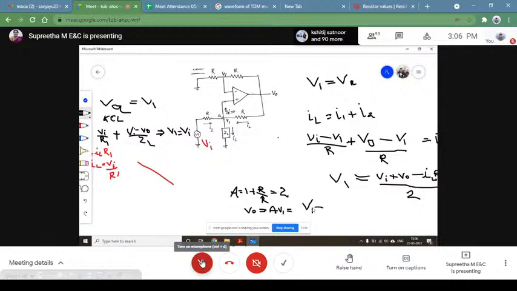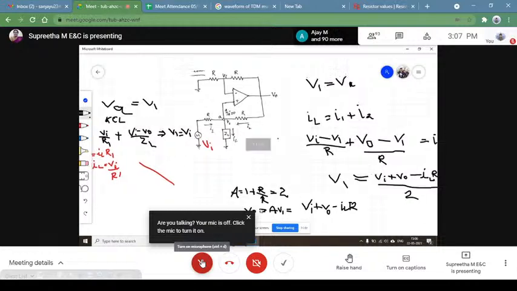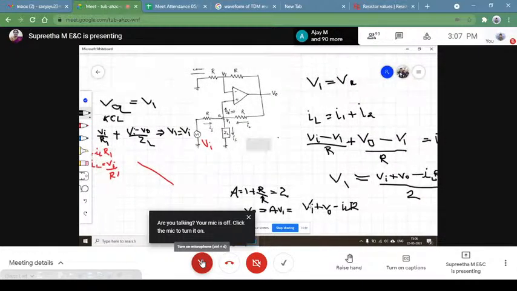V0 is equal to Vi plus V0 minus IL into R. Correct? 2 gets cancelled out.